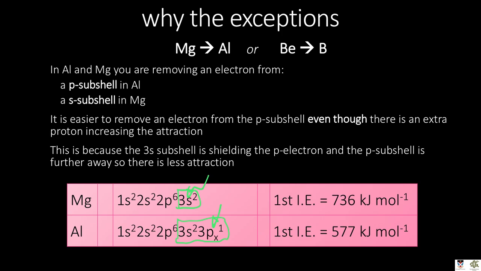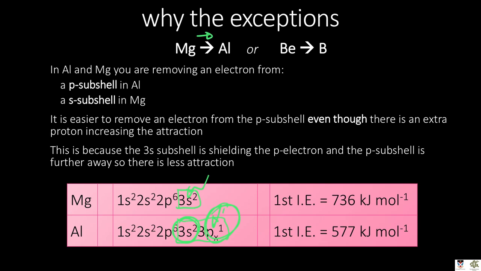And secondly, there will be a little bit more shielding as a result of the 3s orbitals that we find in aluminium. So because the attraction therefore will be weaker when we consider aluminium between that outermost electron and the nucleus, less energy will be needed to remove that electron, and that's why we have that subsequent drop in the first ionization energy as we go from magnesium to aluminium.